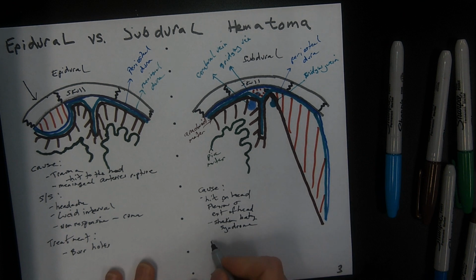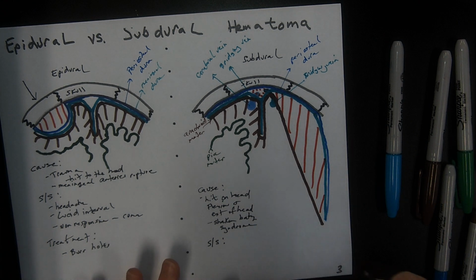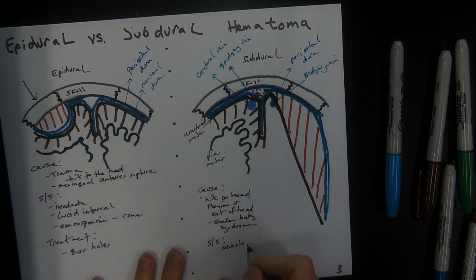And the signs and symptoms, okay, there's going to be no lucid interval. It's going to be a more immediate response because the bridging veins, as they rupture, result in a rapid pooling of blood in that space. The patient could have a headache, that would be pretty mild, but you're going to have neurological deficits right away.